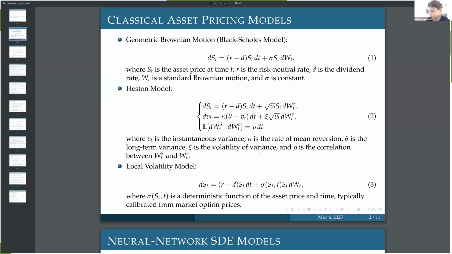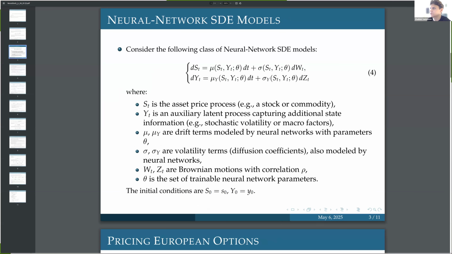Okay. And these models serve in this study as benchmarks for the neural network model. So consider the following class of neural networks: stochastic differential equation models. These models describe asset prices and additional factors like volatility, using neural network models to define price evolution over time.